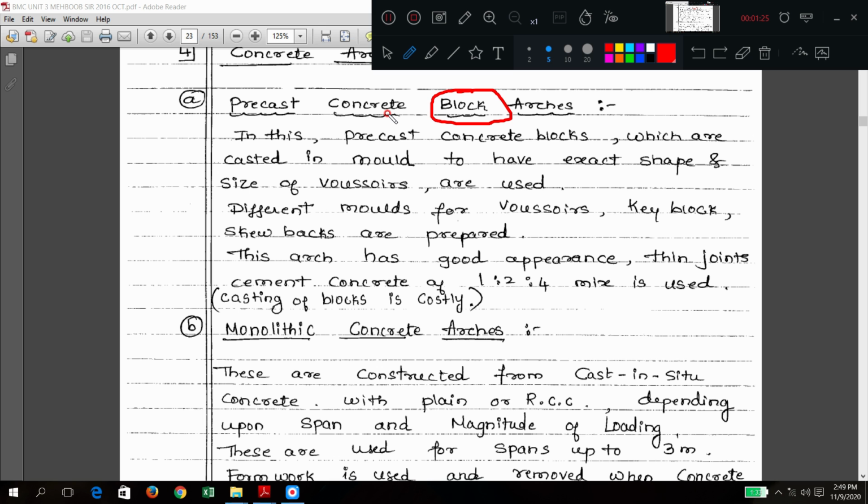So preparing in the beginning, before the site, that is why we call it pre-construction or pre-casting. But cast in situ means you are not preparing anything in the factory, directly going to the site, there you are casting. That means cast in situ. Okay.